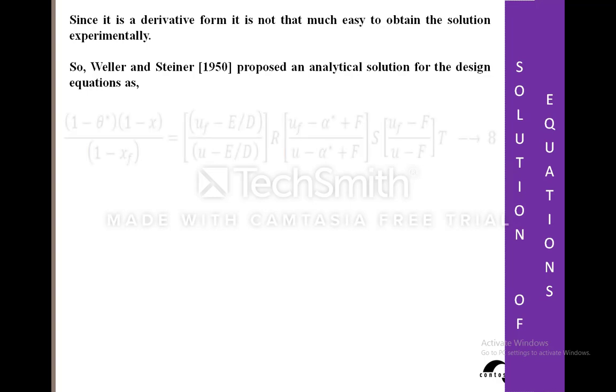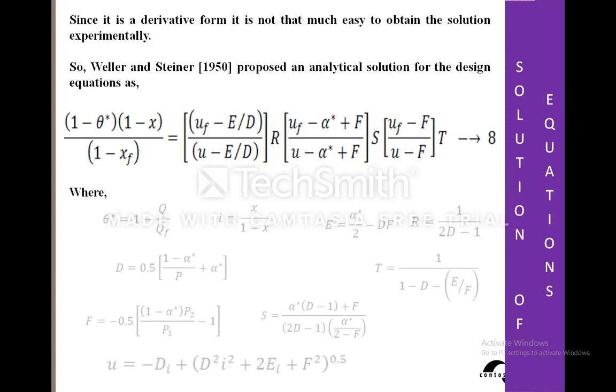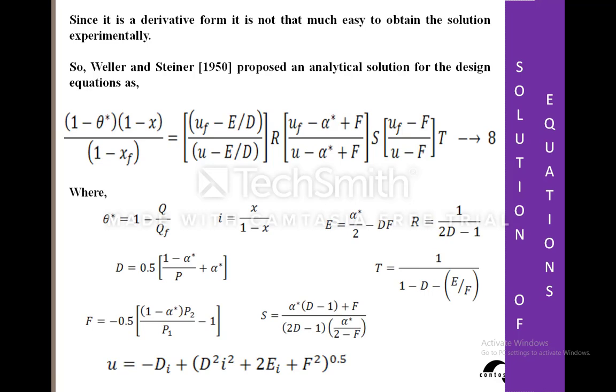And the solution is 1 minus theta star into 1 minus x by 1 minus xs is equal to us minus e by d by u minus e by d into r, us minus alpha star plus s by u minus alpha star plus s into s, us minus s by u minus s into t, where theta star equals 1 minus q by qs, and e, r, t, d, s and u are as defined.